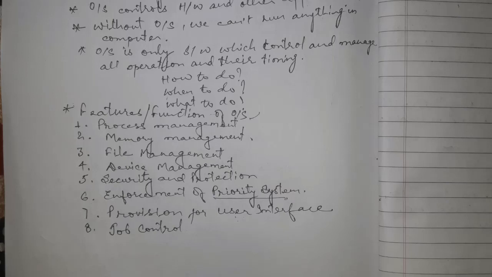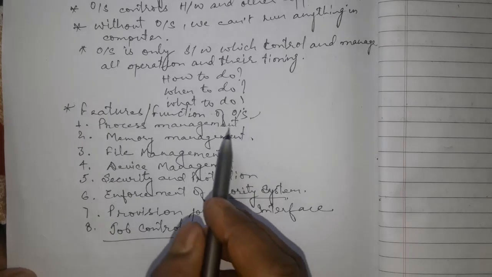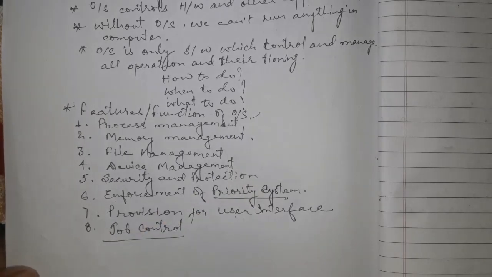Whatever input the user gives to the computer, it understands the input and processes it, and the job is controlled by a special system. So job controlling is also one of the functions of the operating system.